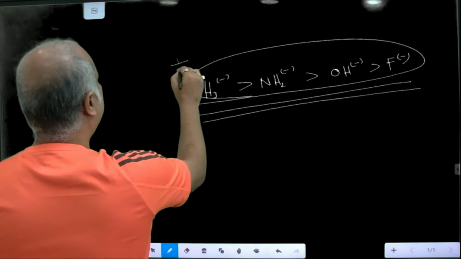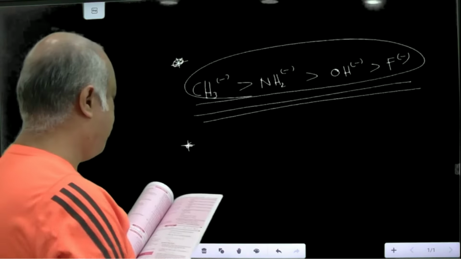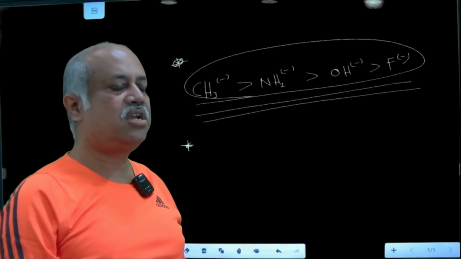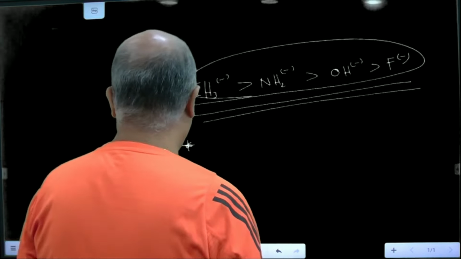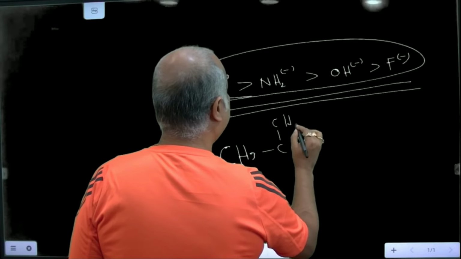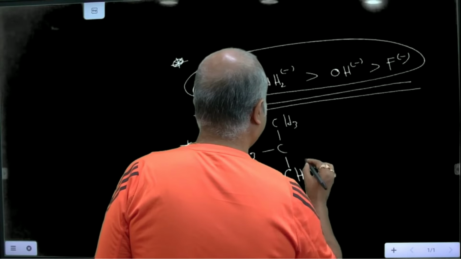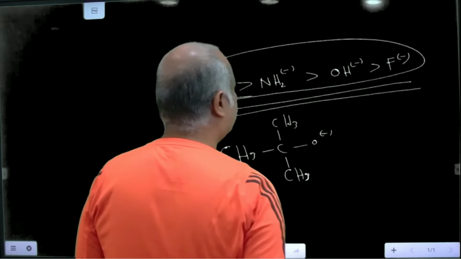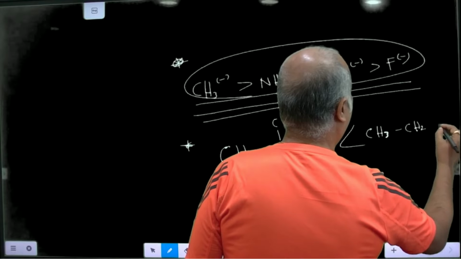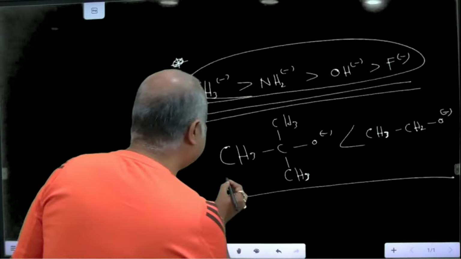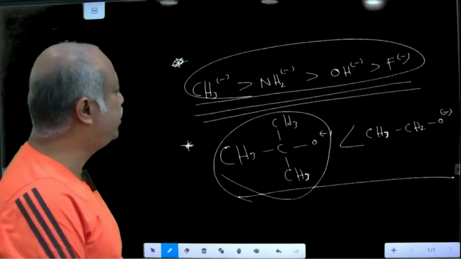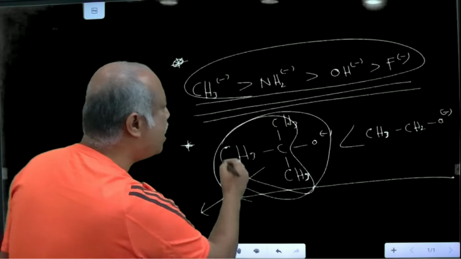This is a special technique, star mark. Another star mark: a bulky group or bulky base, one with much higher molecular weight, has less nucleophilic character. For example, the tertiary butoxide is bulky and is less nucleophilic than CH3CH2O minus, the purely ethyl group.